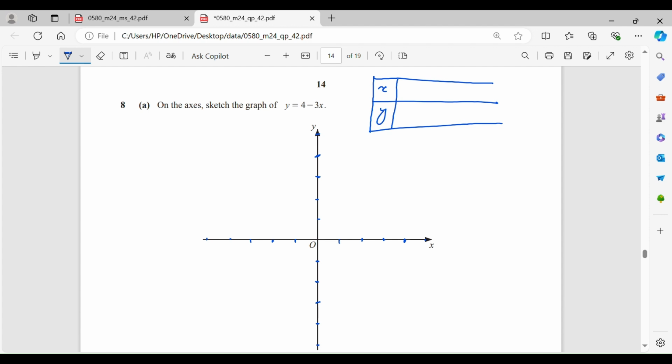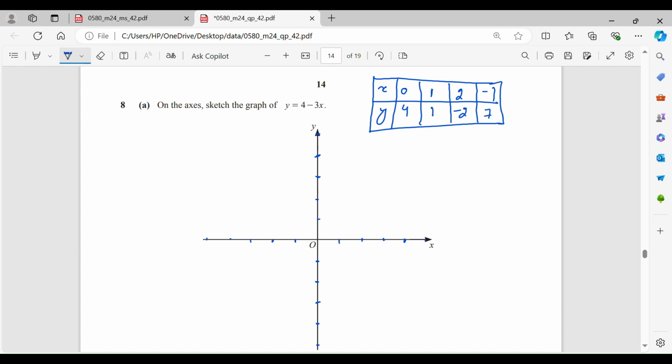When x is 0, y will be 4, right? When x is 1, y will be 4 minus 3, which is 1. When x is 2, y will be minus 2. Let's take one negative value of x also, minus 1, y will be 7. Oh, it is a bigger number, so we will avoid this number.